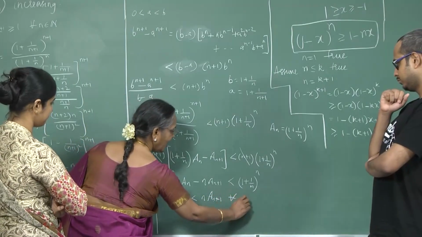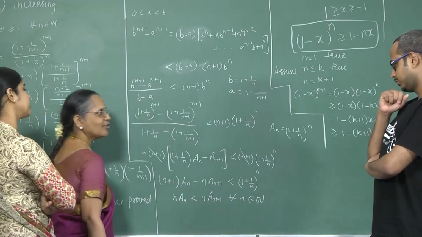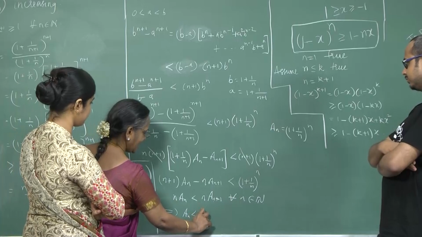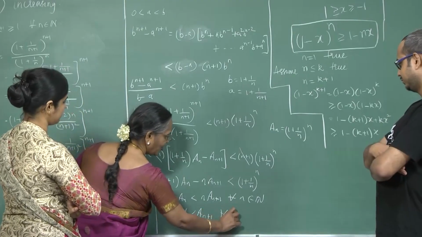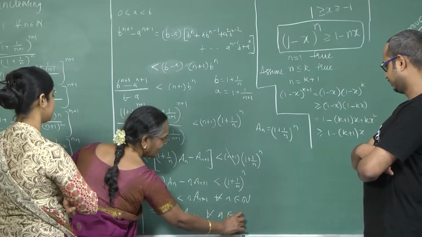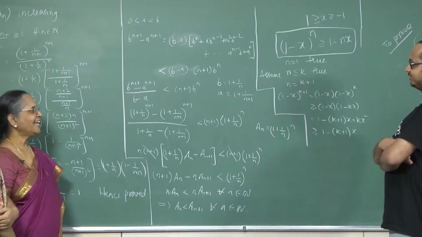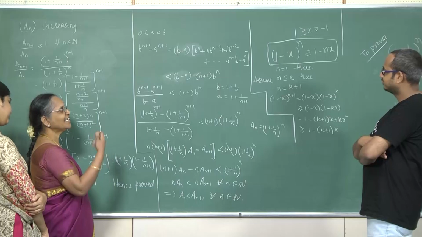This is true for every n which is a natural number. We can cancel out n. This implies that a_n is less than a_{n+1} for every n in the natural number set. Which proves again that a_n is an increasing sequence.